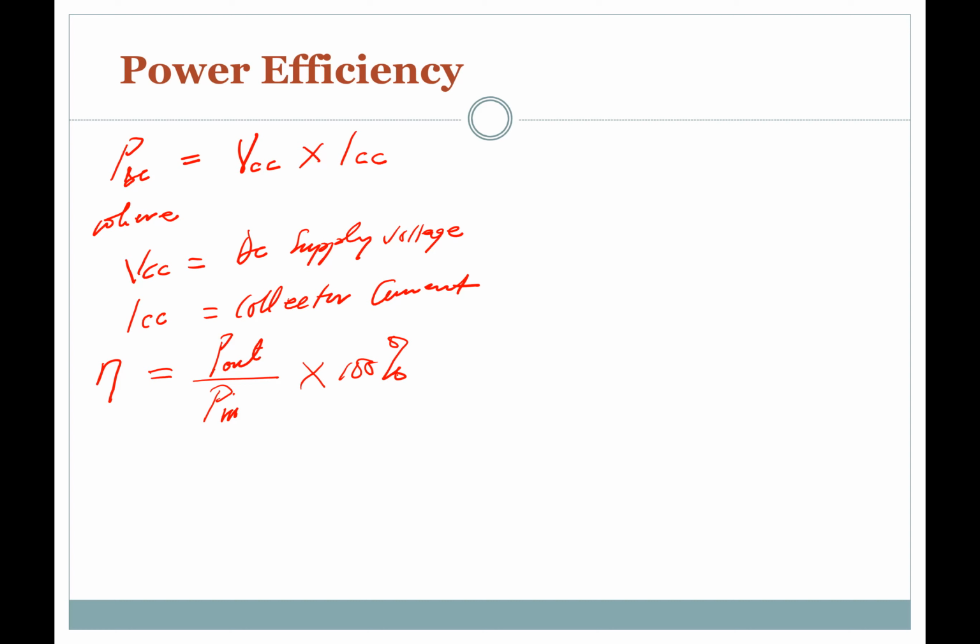Okay, so P out is the output signal power, and P DC is the DC supply. In some cases you would see this as P in, or you could also term it as P DC. Alright, so that is the power efficiency, which is also another characteristic of power amplifiers.